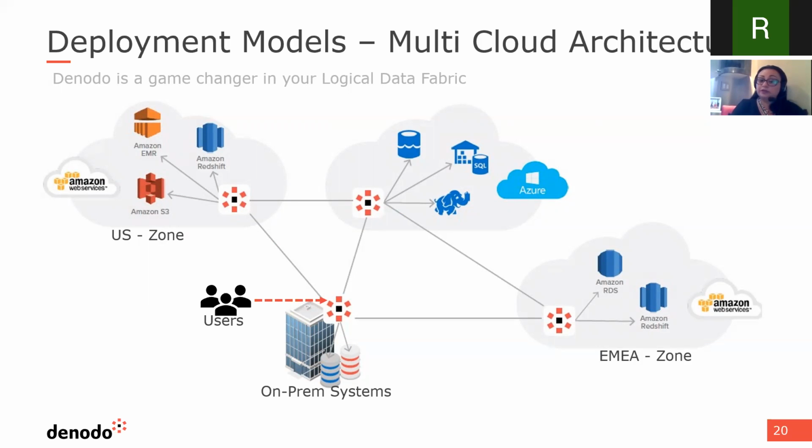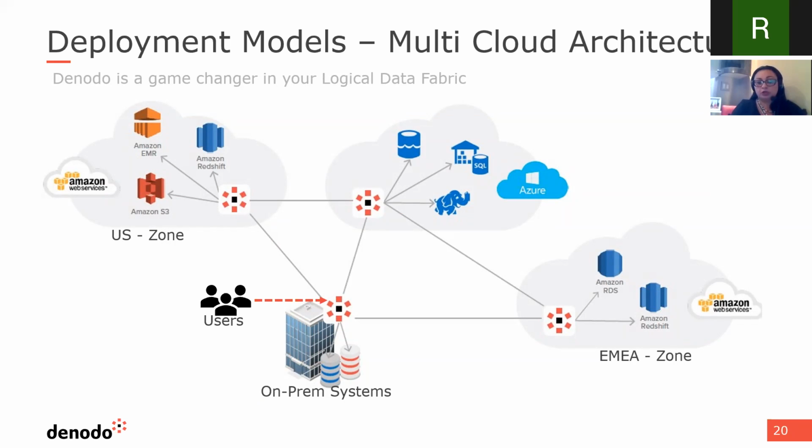If they want to have information which has to be obtained from on-prem and from the Amazon services, Denodo is going to optimize the query. It's going to do push down, get local information from the on-prem system. It's going to take only relevant query information, push it to the Denodo instance running in the cloud.